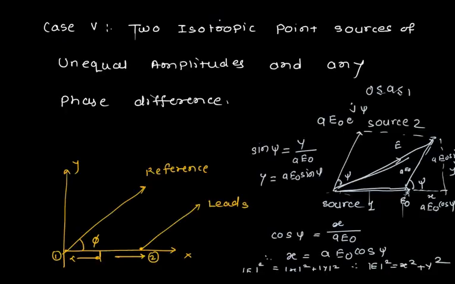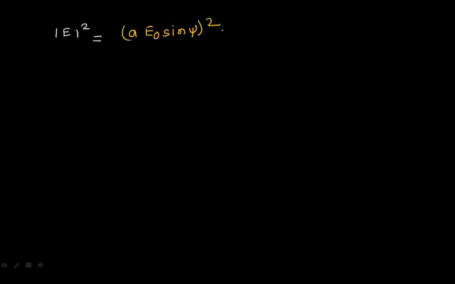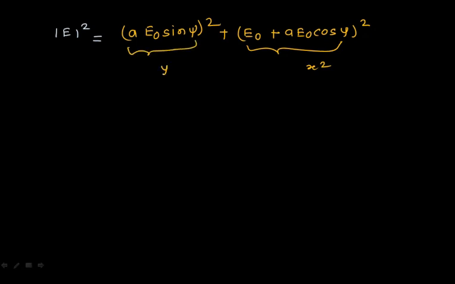So x is AE0 sine of psi, all squared. And for the y value, this needs to be added: E0 plus AE0 cos of psi, also squared. This complete value is x square and this complete value is y square.